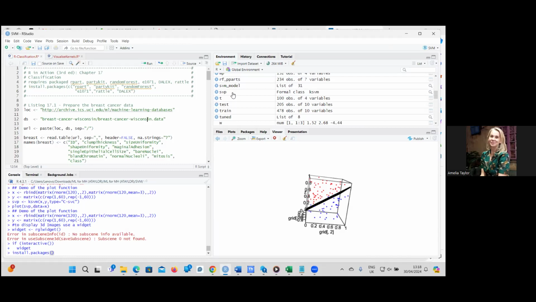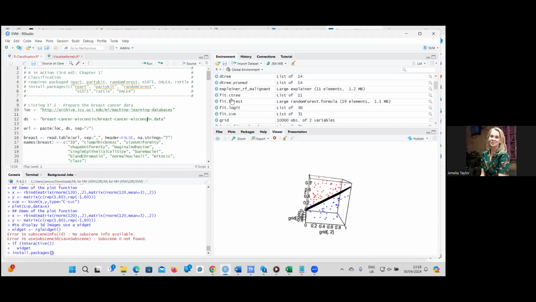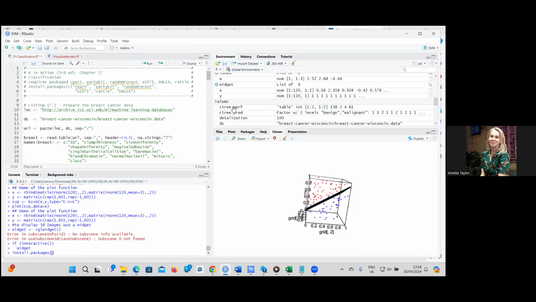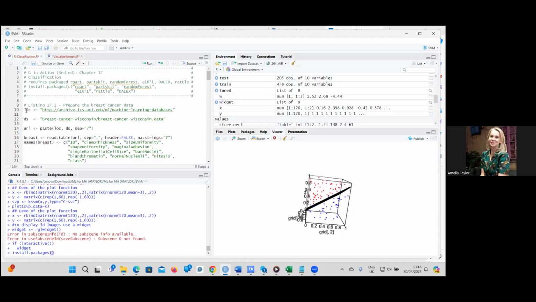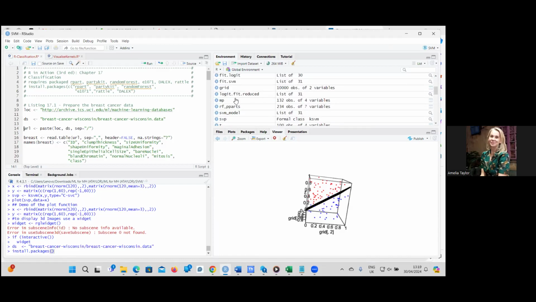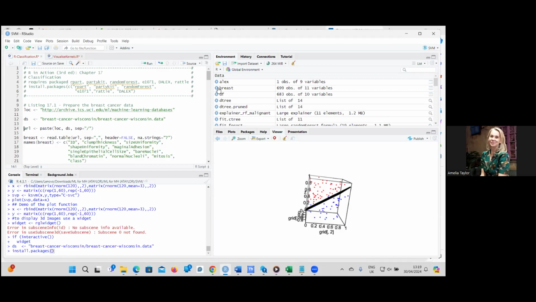So the data, I already brought the data into this document. Give me 1 second to look for it. Where is my data? Okay, yes, DS. Right, so 11, 9, 1 minute.